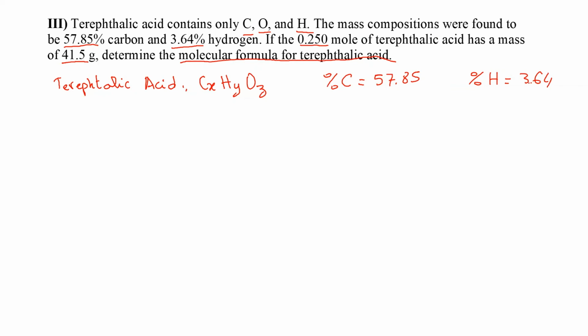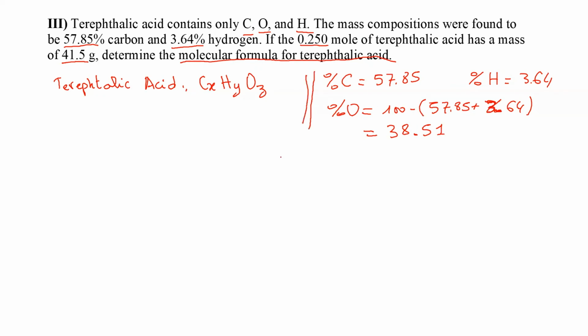Knowing that we have only carbon, hydrogen, and oxygen, we can deduce the percentage of oxygen to be equal to 100 minus the percentage of carbon plus the percentage of hydrogen, which is here 3.64. And the percentage of oxygen is therefore equal to 38.51. So we have the percentage of all of our elements.